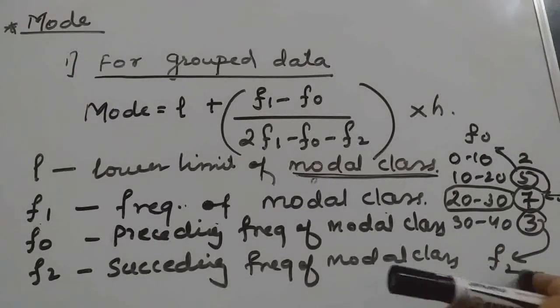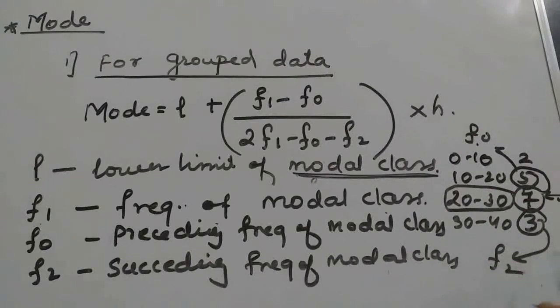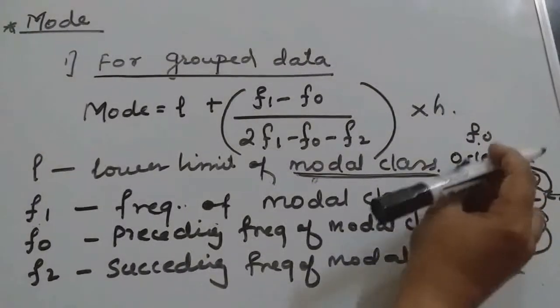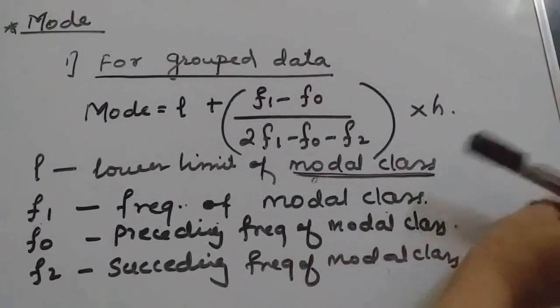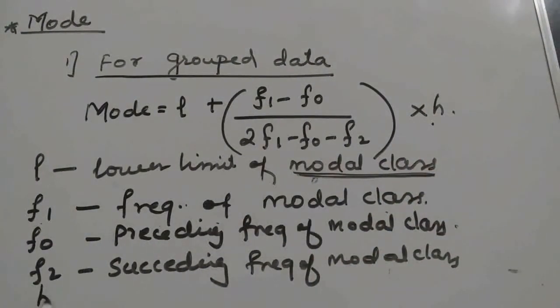For this particular example, we can consider 5 as F0, 3 as F2. Now one more variable is left in this formula, that is H. H is nothing but the class size.